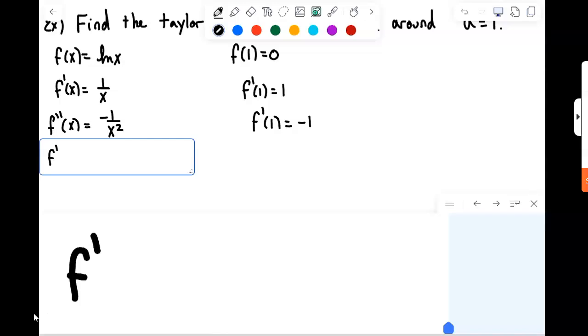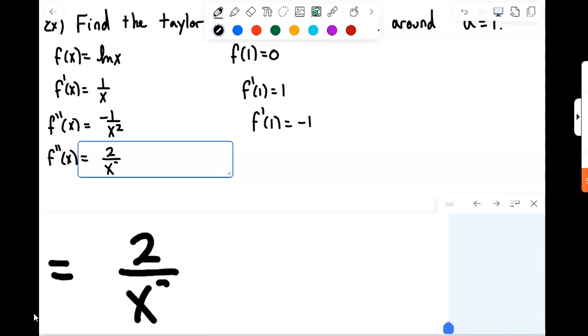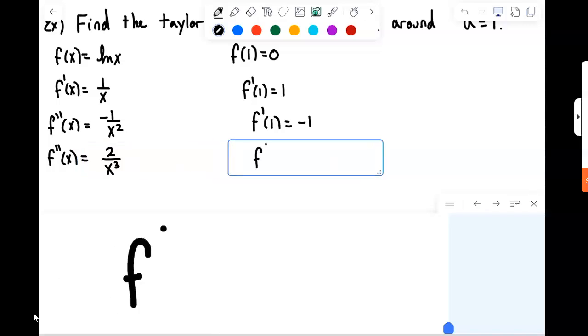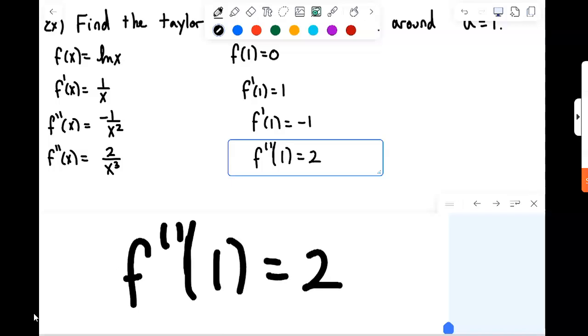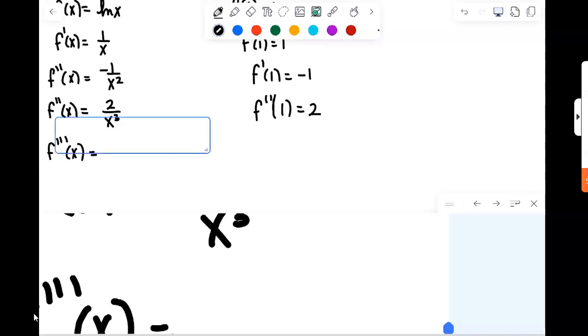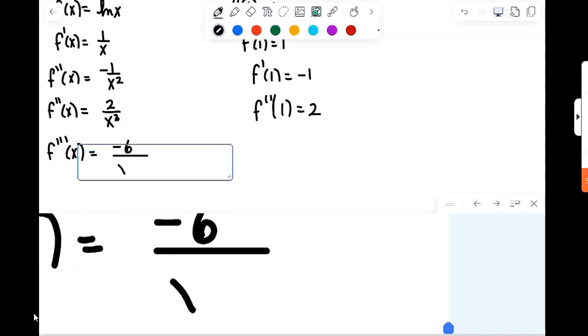And we keep going. F triple prime would be the derivative of that, so we're going to multiply by the minus 2. So it's going to be positive 2 over x cubed. And evaluate that at 1, we're going to get 2. Next derivative, we'll multiply by the minus 3, so that's going to make that a minus 6 over x to the 4th.